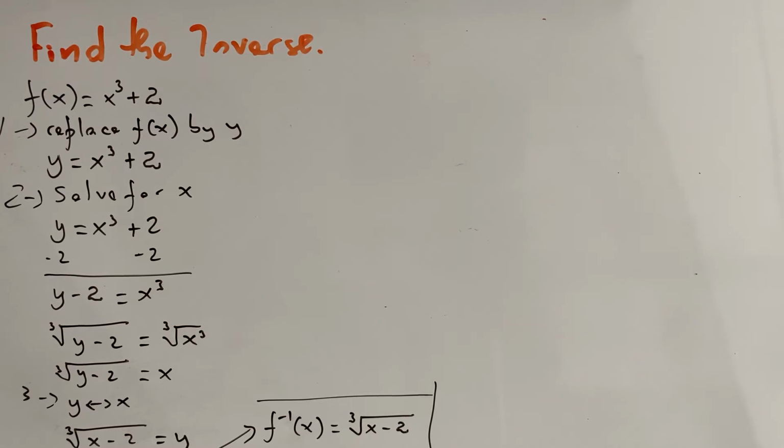Now this is how you find the inverse, but how do you check to see if a function is actually the inverse of another? Let's say you had two functions, and I'm going to take a quick example just to show you.